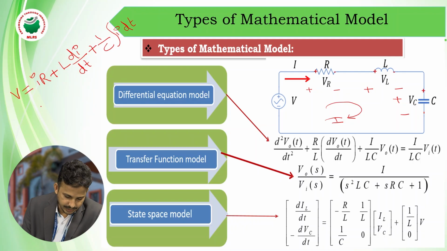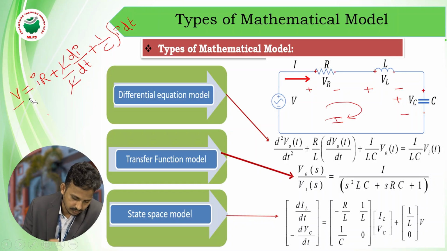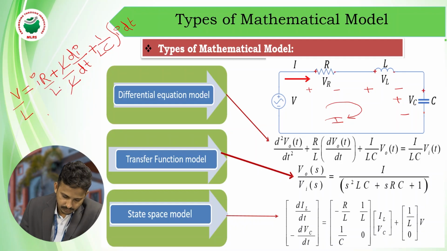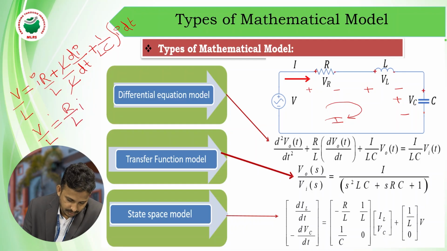If I divide this equation by L on both sides, I will get the differential equation: V by L is equal to R by L into I plus di by dt plus 1 by LC integral I dt.